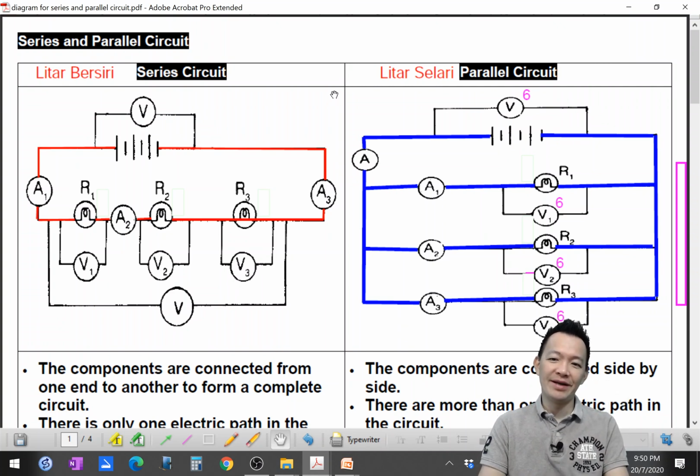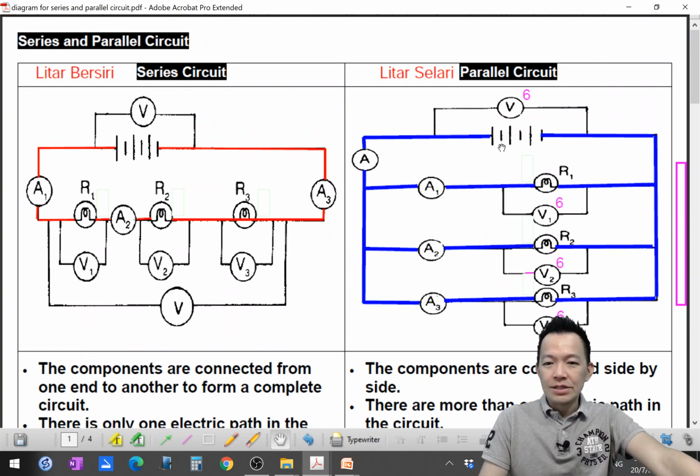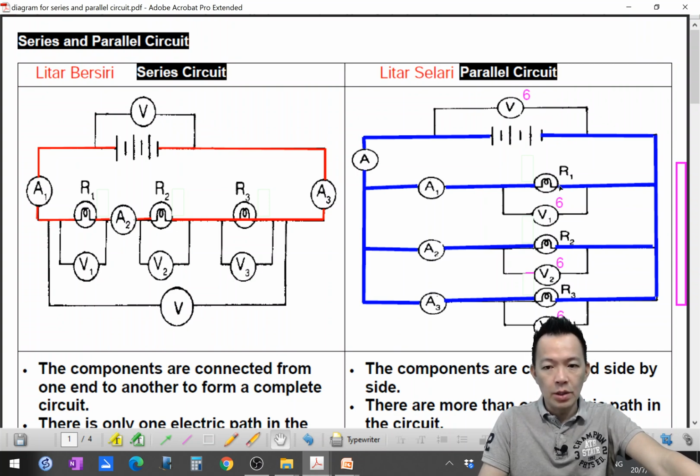If you want to calculate the total resistance in the whole parallel circuit, number 1, you must know in way number 1, how many electrons pass through this light bulb, and what is its resistance? Plus the resistance here. Plus how many electrons pass through light bulb number 2? Plus how many electrons pass through light bulb number 3? If all the resistances are added together, it will be the total resistance.